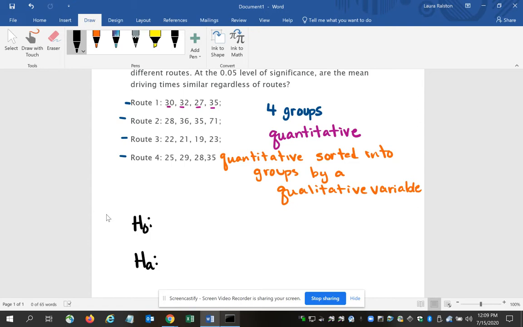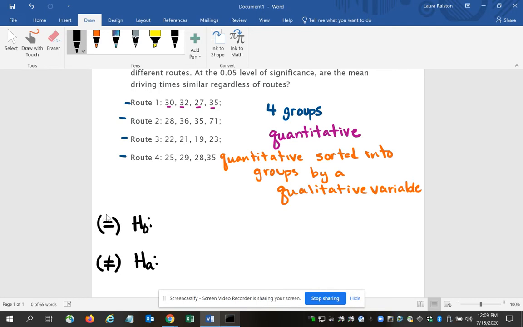One of the key things here that I would remind you about is that, remember that the null hypothesis in some form must contain equal, and then the alternative is the opposite, which is not equal. And typically the relationship you're looking for with ANOVA is equal or not equal. They're either the same or they're not the same.